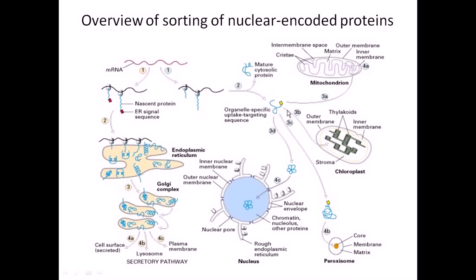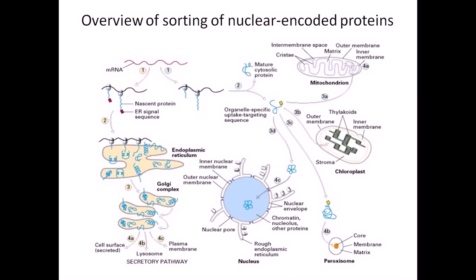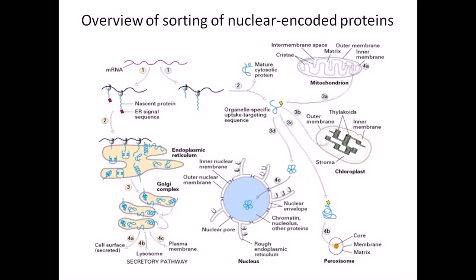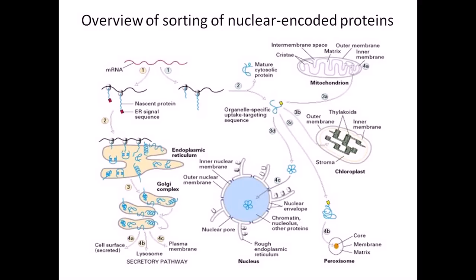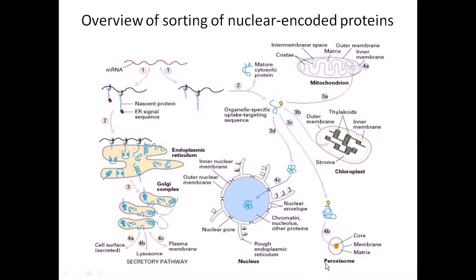An organelle-specific target sequence should be there at the end. Now that target sequence will be received by the different receptors that are present on the surface or sometimes inside the organelle. Once they receive that signal, they take this protein inside their organelle and place it, for example, the proteins of mitochondria or chloroplast or peroxisome.